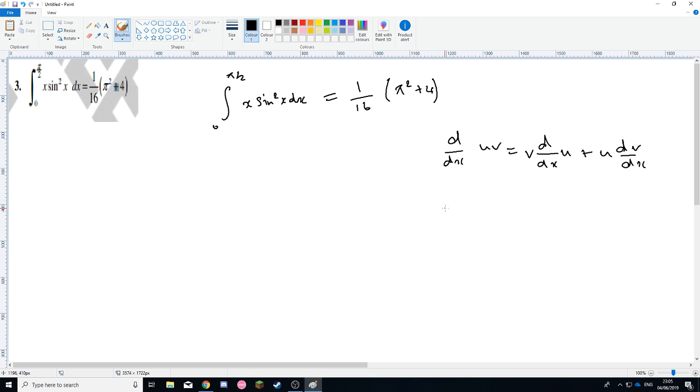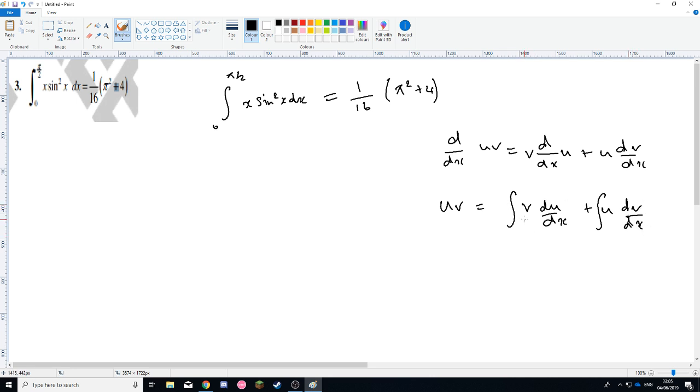Now, if you integrate both sides, what you get is that uv is equal to the integral of v du by dx plus the integral of u dv by dx.